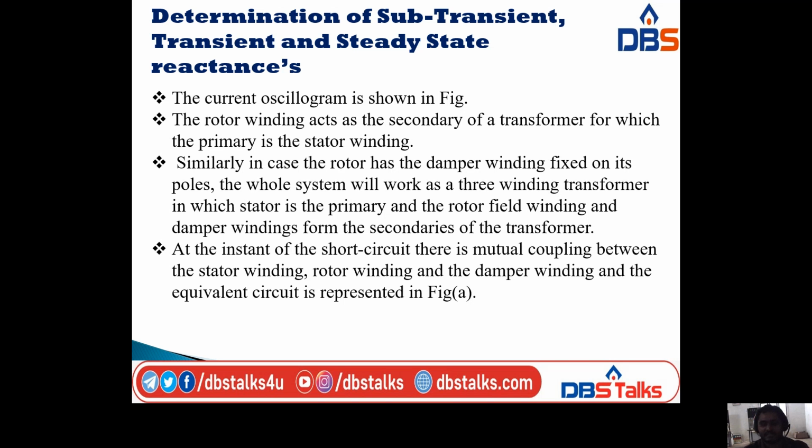Previously we had the rotor winding and stator winding, and now we have the damper winding as well. So in total we have three windings, in which the stator is the primary, and the rotor winding and damper winding form the secondaries of the transformer.